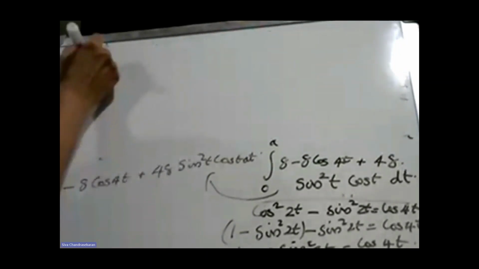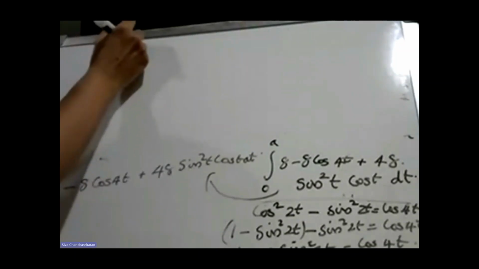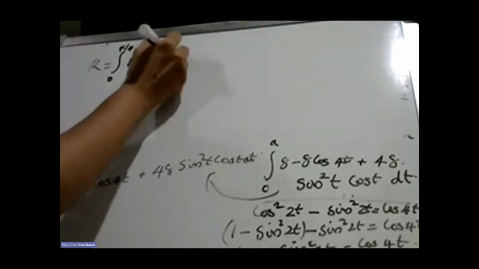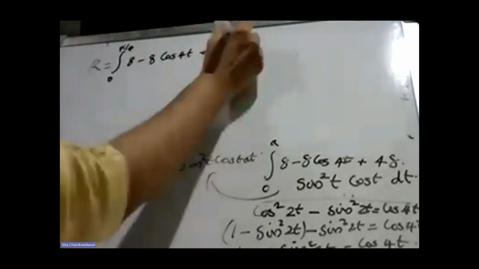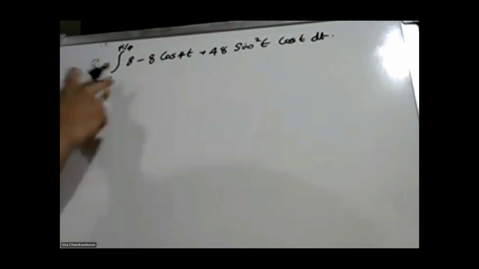So r is equal to the integral from 0 to pi over 4 of 8 minus 8 cos 4t plus 48 sine square t cos t dt. Now we are going to integrate this to get the exact value. That is what is asked in the second part.